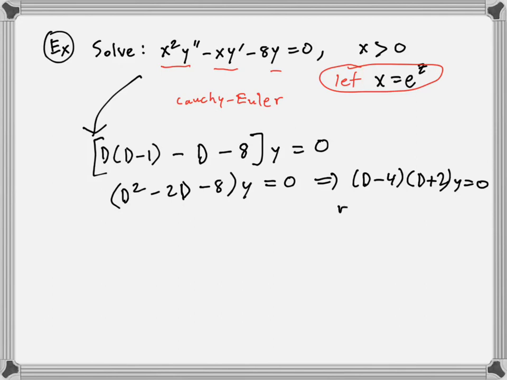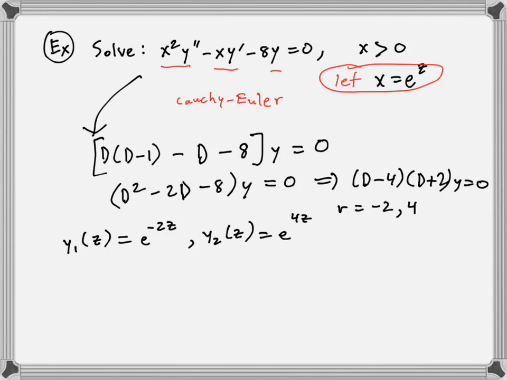Because this means that r is equal to negative 2 and r is equal to positive 4, right? They're real roots. And so we know that y1 of z is going to equal e to the negative 2z, and y2 of z is going to equal e to the 4z.